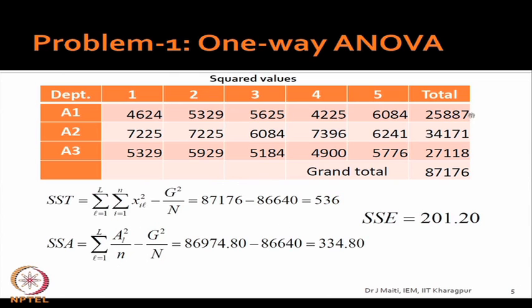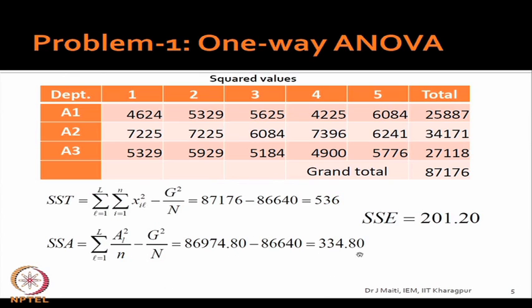You see what is this AL square? A1 square is 25,887, A2 square is 34,171, and the third one, A3 square, is 27,118. This sum is divided by N, and then minus G square by N, and this quantity will be 334.